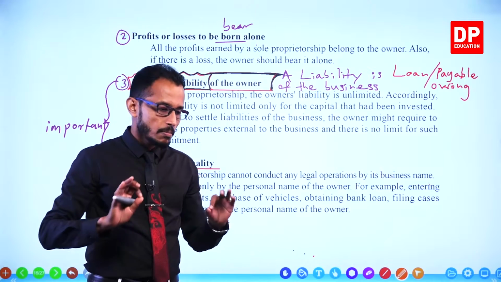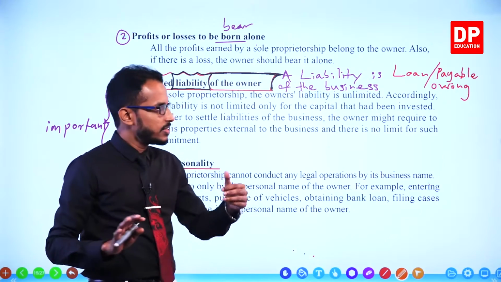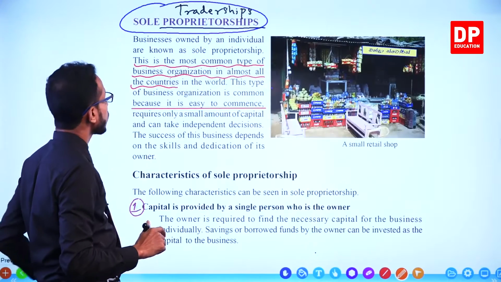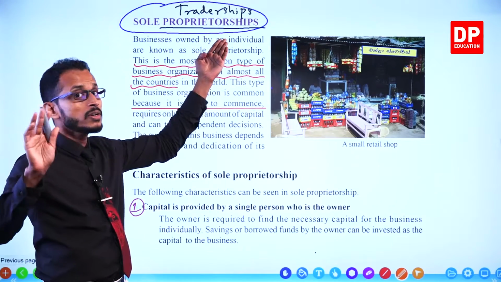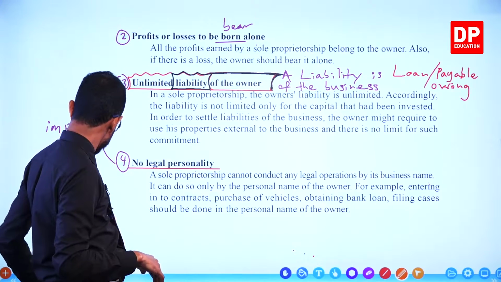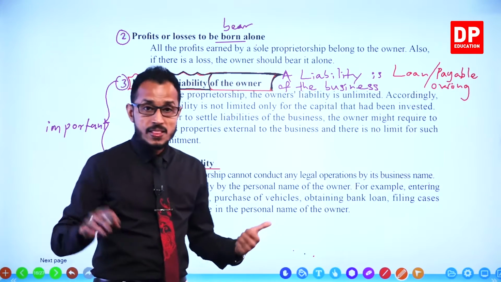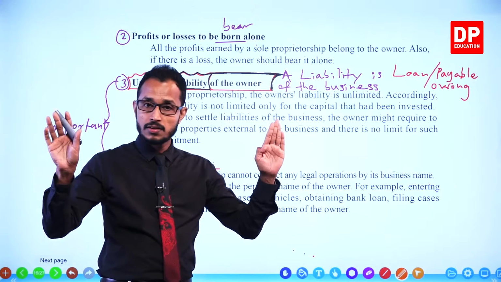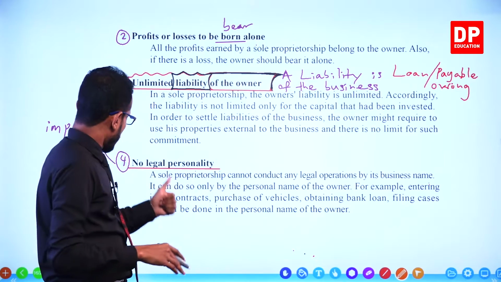But unfortunately, children, these organizations, sole proprietorships, do not have that feature. No legal personality.